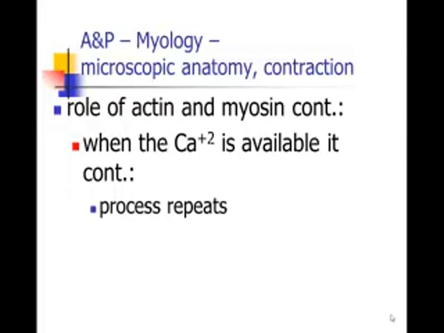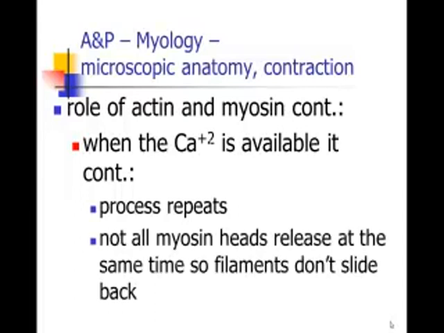So this process repeats over and over again. It's like having many arms that can reach out and grab the actin, go through various portions of the power stroke, and then eventually return. Now the good news is, and you can see how this would be catastrophic if this weren't the way it is, all the myosin heads don't release at the same time.